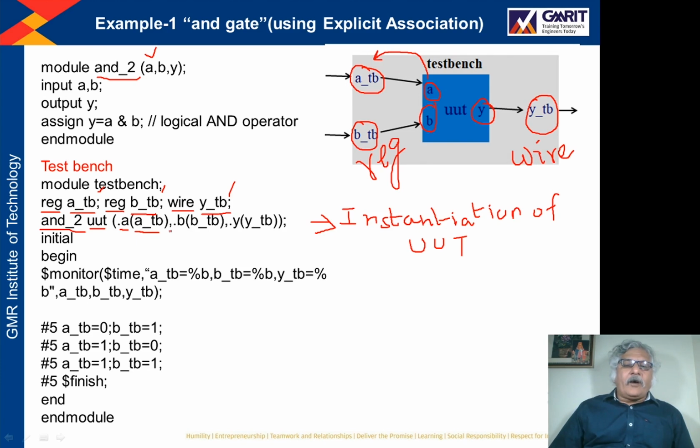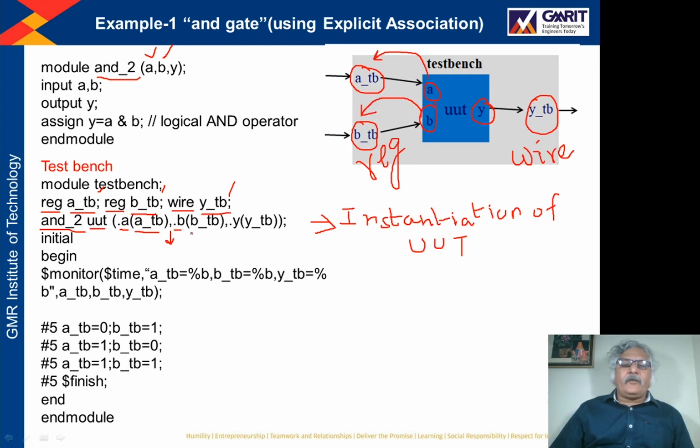Then comma. Then dot B. Dot B means port B of my unit under test. It is connected to B_tb of the test bench.